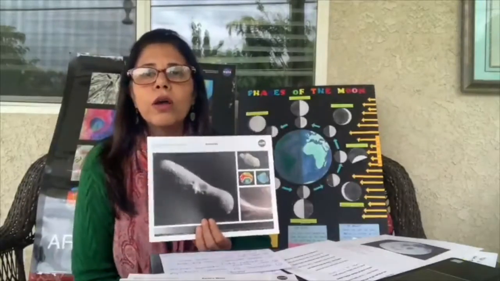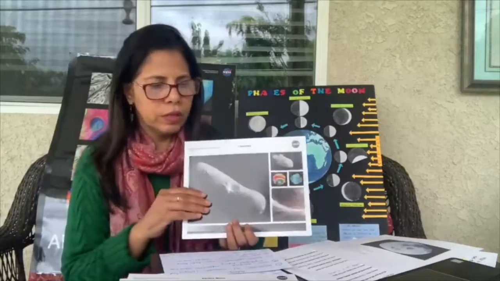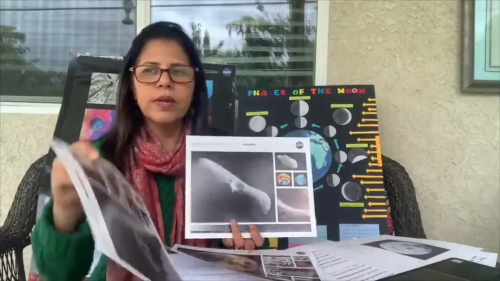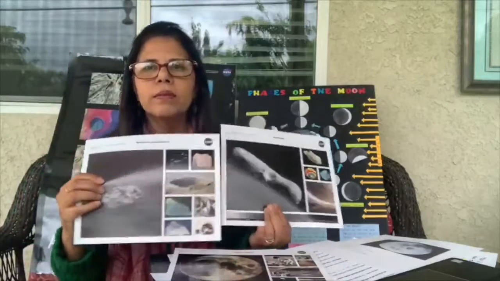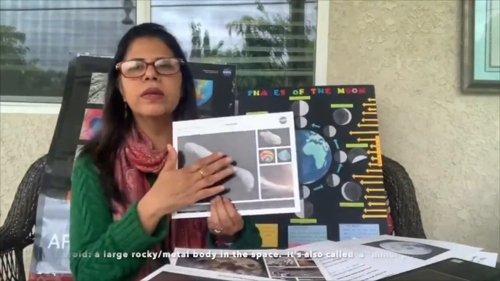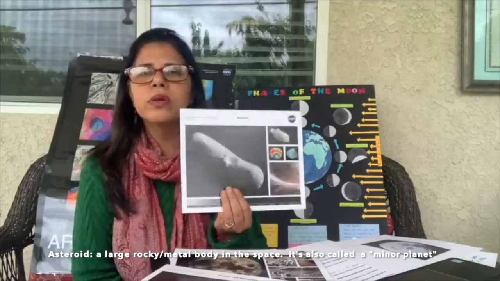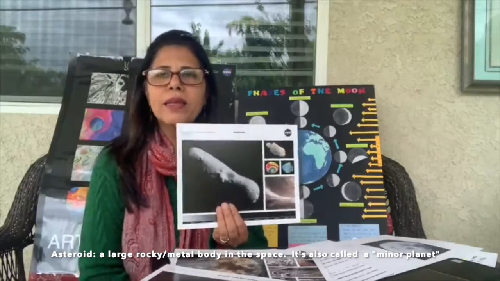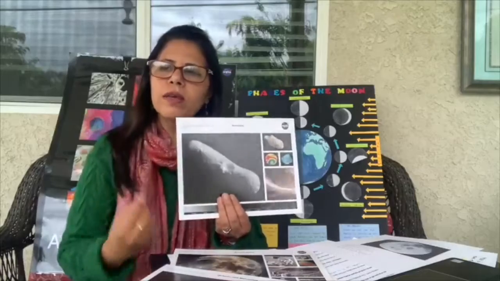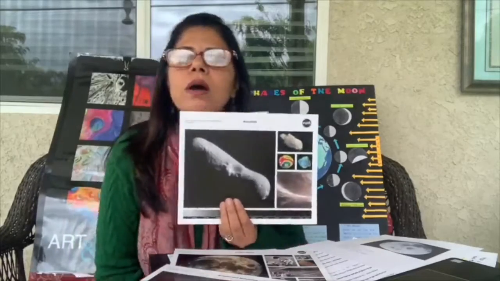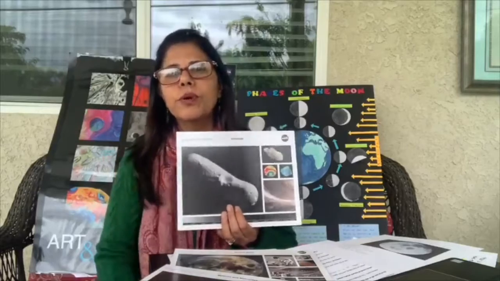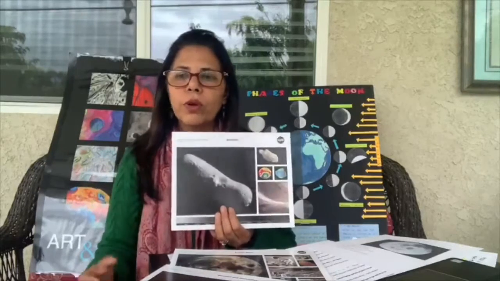Now talking about asteroids, there's a difference between a meteor and an asteroid. That's the meteor, and this one right here is an asteroid. Asteroids are also called minor planets. They are small rocky fragments left over from the formation of the solar system almost 4.6 billion years ago.